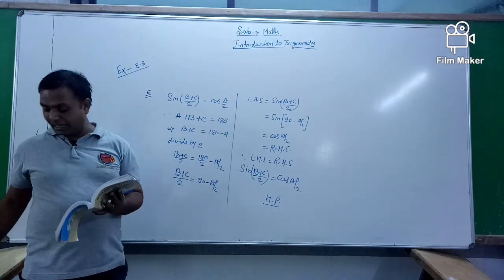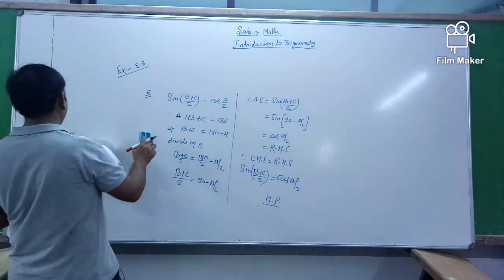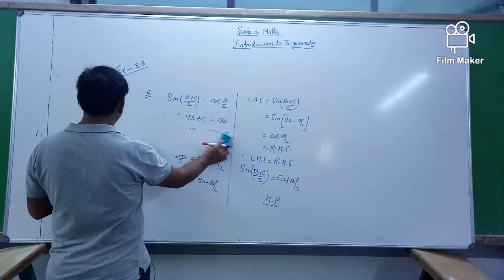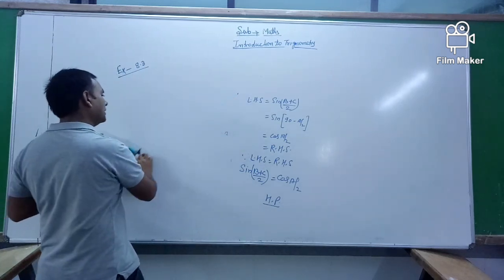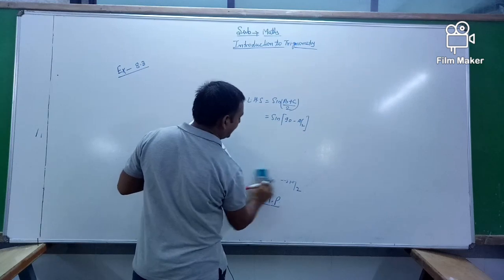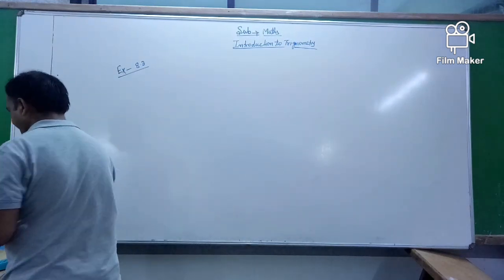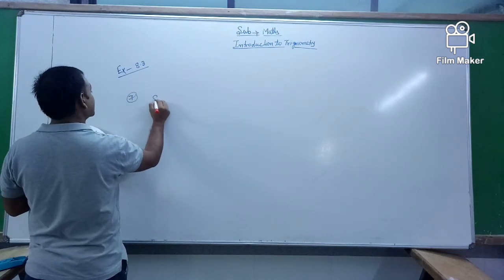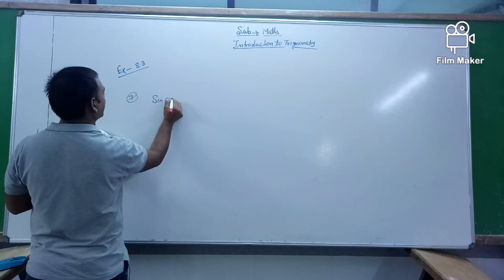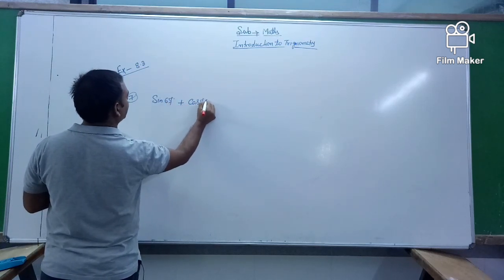Then the last question: express sin 67 and cos 75 in the form of trigonometric ratios of angles between 0 and 45. It means you convert these values to angles between 0 and 45. Then how can you convert? Here sin 67 plus cos 75.